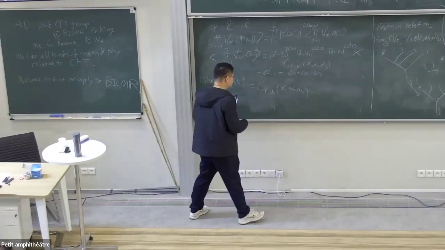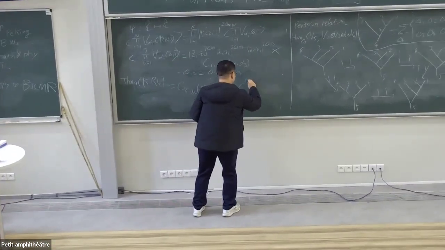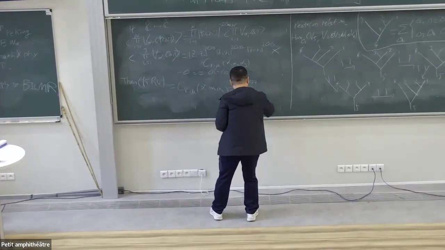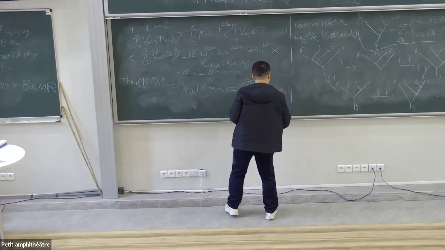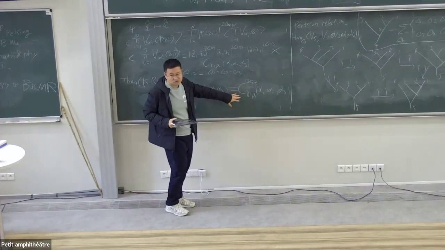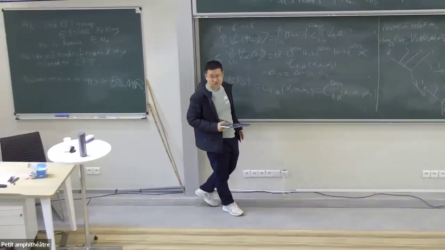And the theorem is that this equals the DOZZ formula. This is some concrete formula proposed by DOZZ, which involves ratios of double gamma functions.